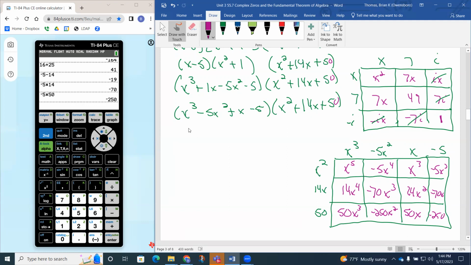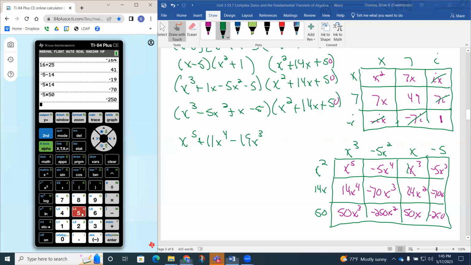So if we put this all together, the x to the fifth would come in. And then these have different signs, so that's going to be 11x to the fourth. Those are different signs there, so it would be negative 19x cubed. If we double check that, 50 minus 70 plus 1, negative 19.